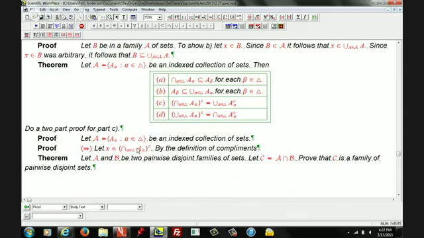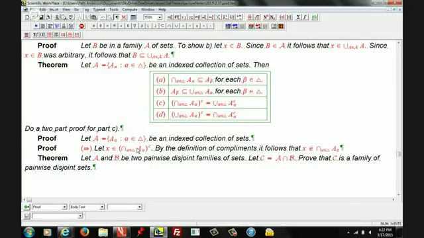On this one, it's much easier. By the definition of complements, I know that x is not an element of the intersection.